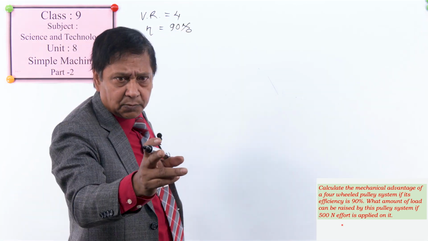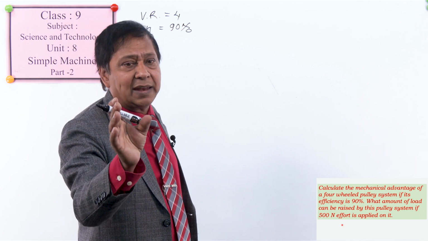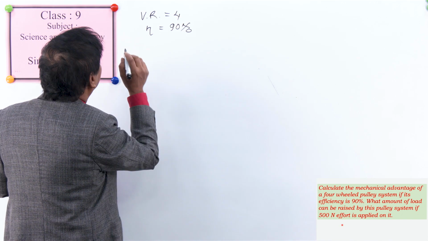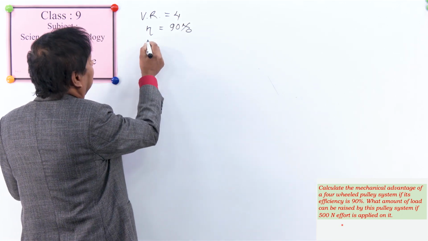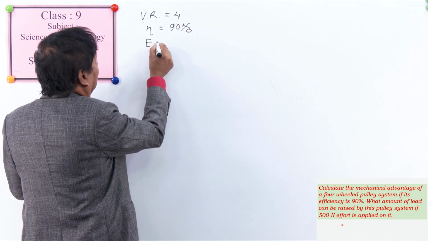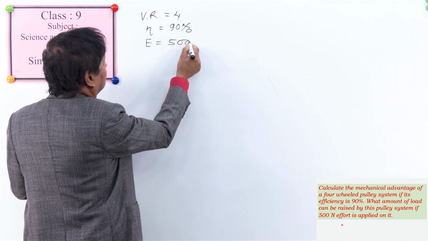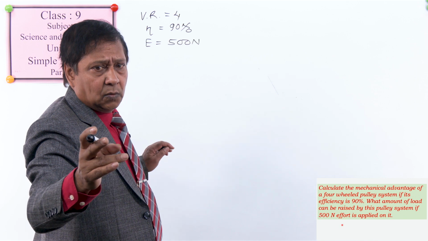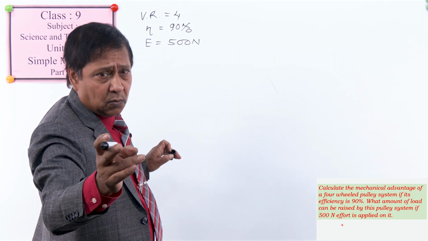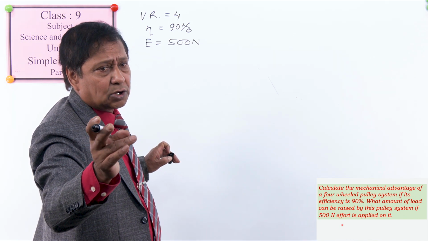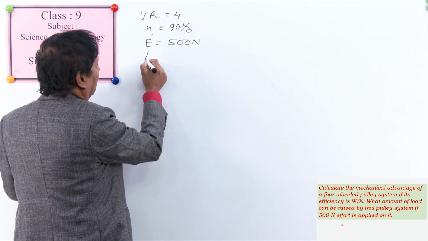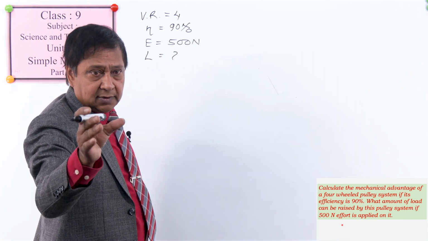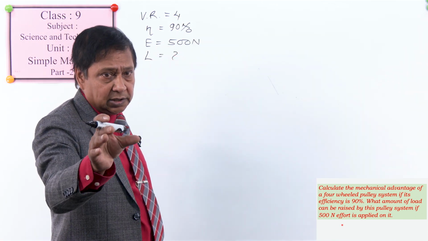Now what amount of load can be raised by this pulley system if 500 Newton effort is applied? 500 Newton effort is applied means effort is given and this is 500 Newton. And what is the question? What amount of load can be raised? That's why load is equal to question mark. Okay, this is the information of the numerical problem.